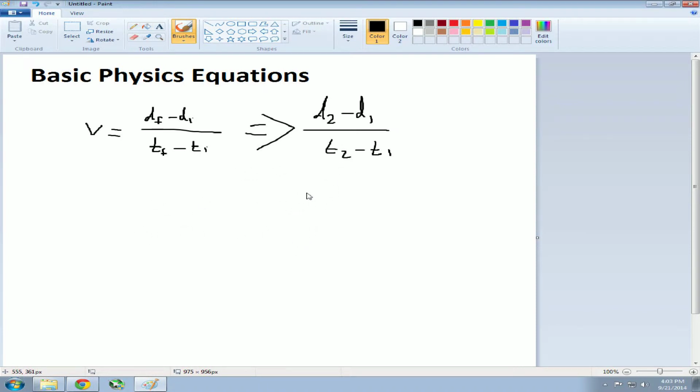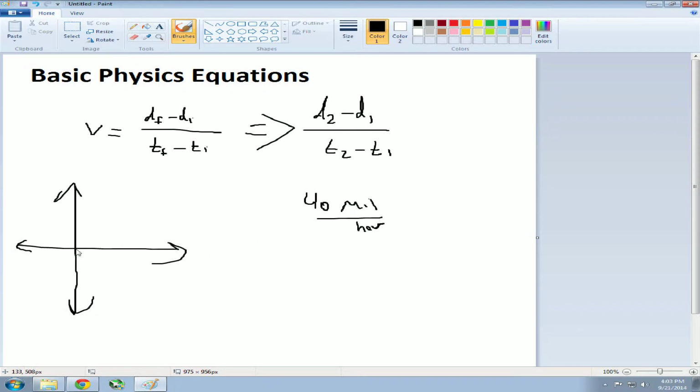This means that for my car that's moving 40 miles per hour, it starts off at 0, and then you speed up, and you go up to 40 miles in 1 hour.